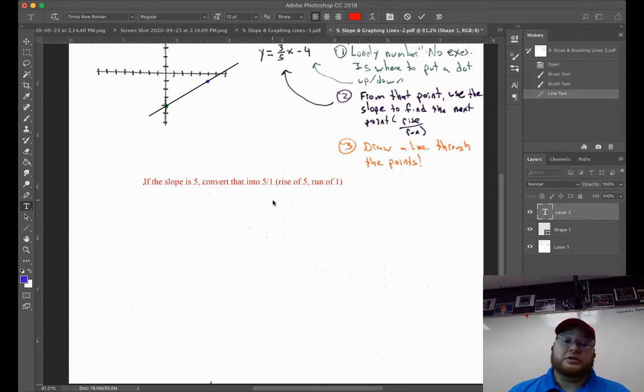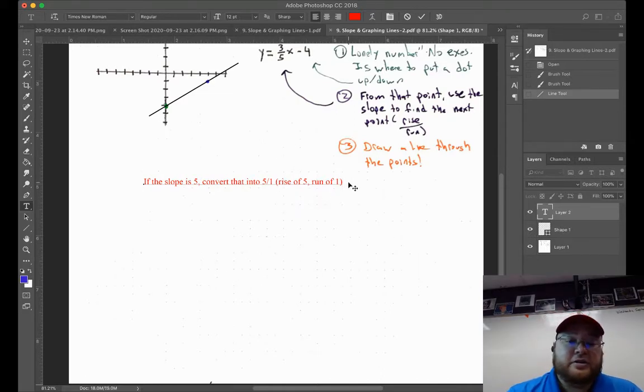So whenever it's just a whole number, it's always going to be slanted just a little bit, because some people will go 1, 2, 3, 4, 5, and they'll be like, well, there's no run because there's no number there. Remember, a vertical line has no slope, so it wouldn't be a number. It basically wouldn't exist, right?